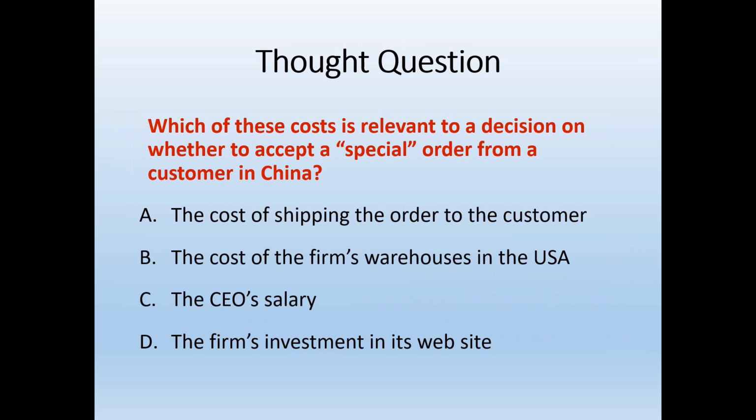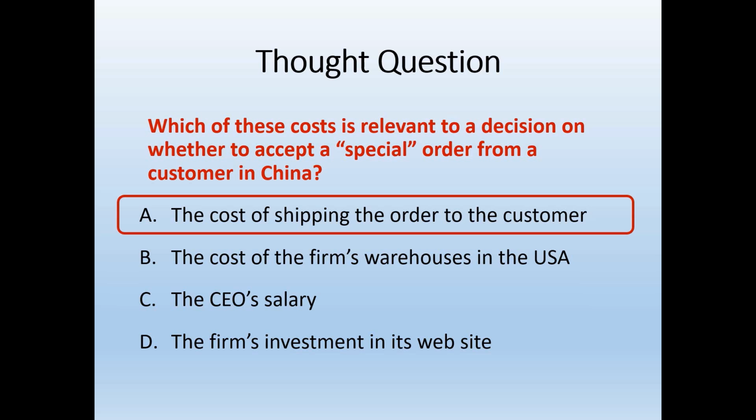Which of these costs would be relevant to a firm's decision about whether to accept a special order from a customer in China? That's right. The cost of shipping the order to China is relevant for this decision because that cost will only exist if the firm decides to accept the order.